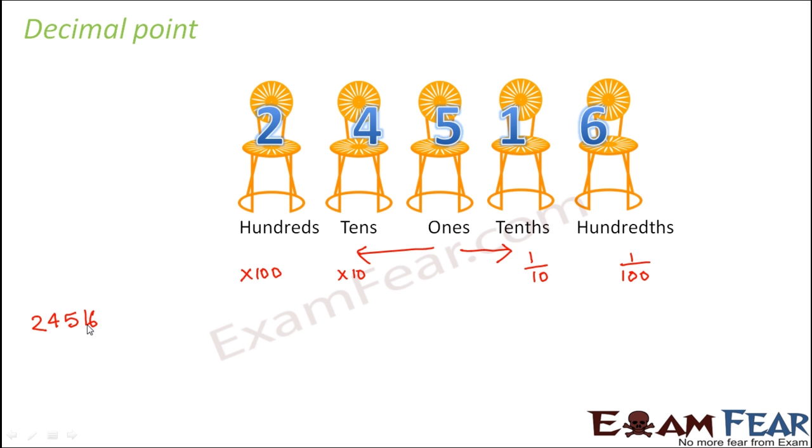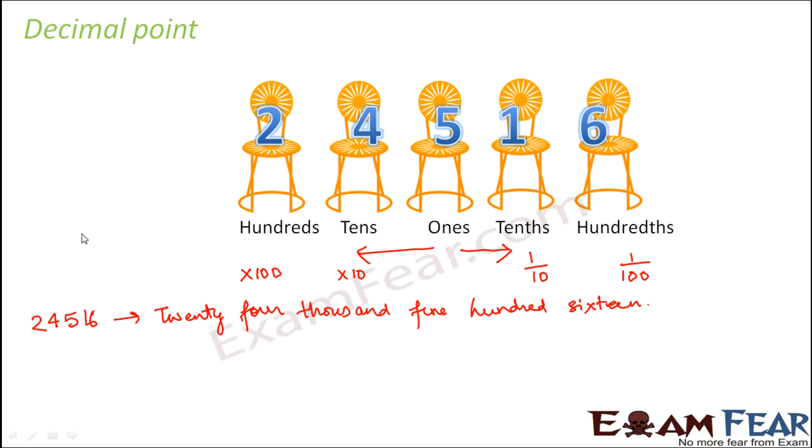So here also we are seeing a number. If I write it as it is, you will definitely read it as 24,516. So this is how you are going to read this number if I write it as it is.